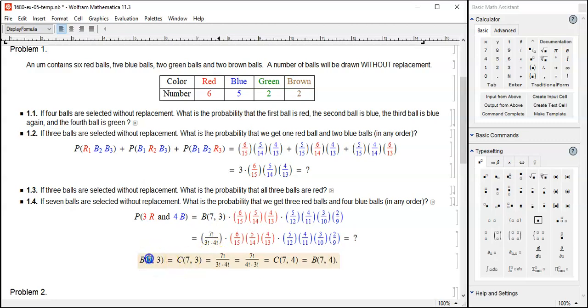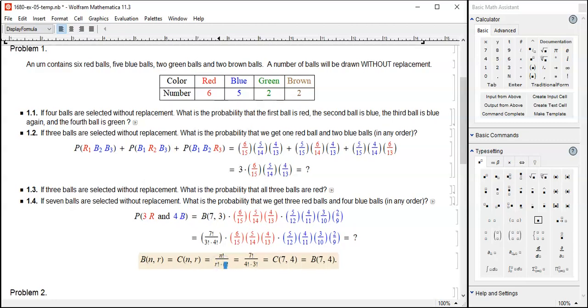In general, of course, I'm going to get this notation N choose R, and that is N, and that is R, and this one is N minus R. And that is the same as N choose N minus R. So whether you call it binomial N R or combination N R or N choose R, they all mean the same thing. They mean this quantity here.